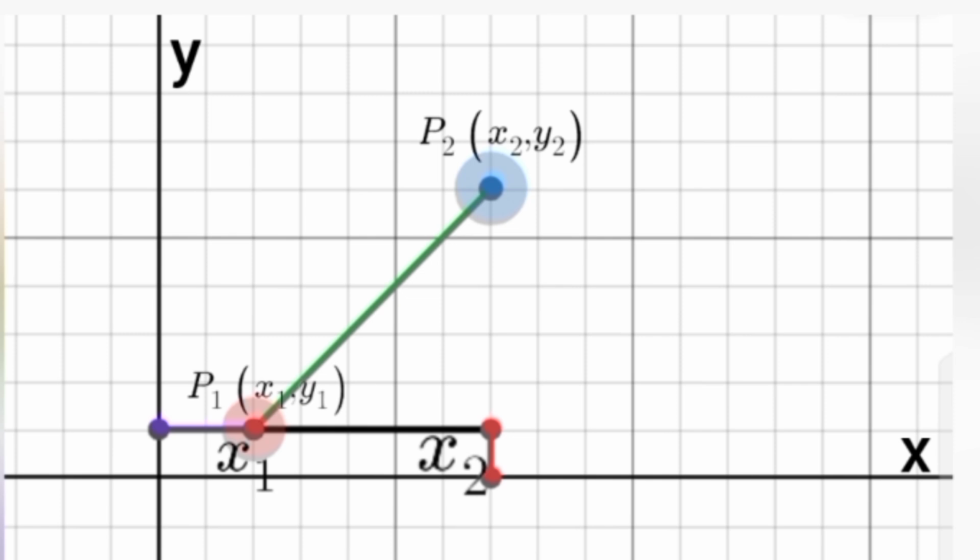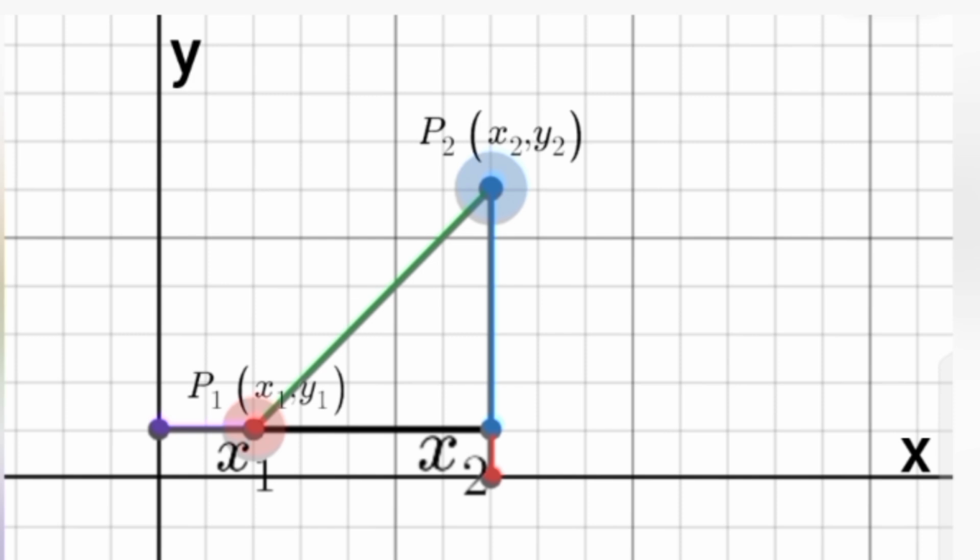Then we are also going to have the vertical line segment from the x-axis to P2, this one.